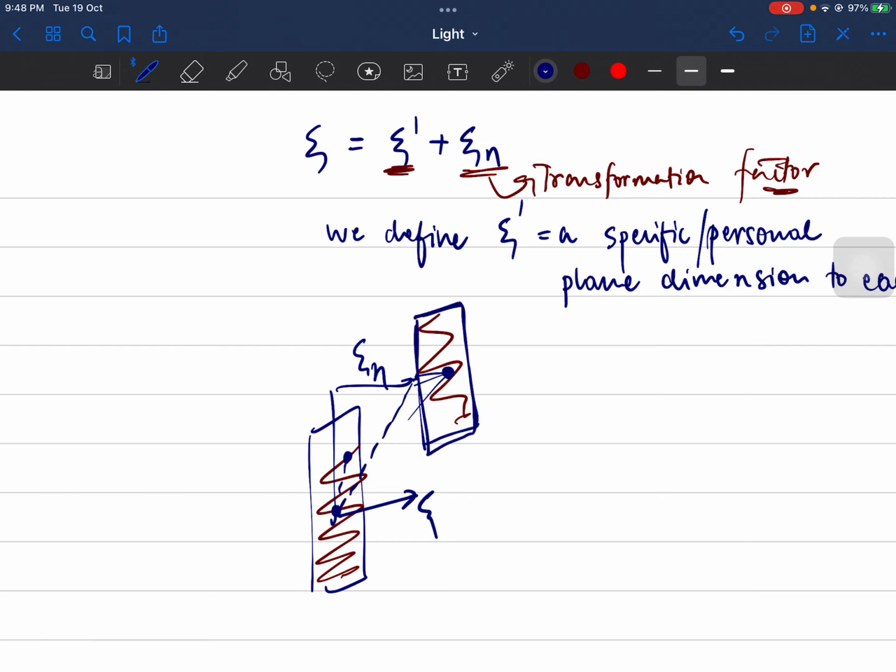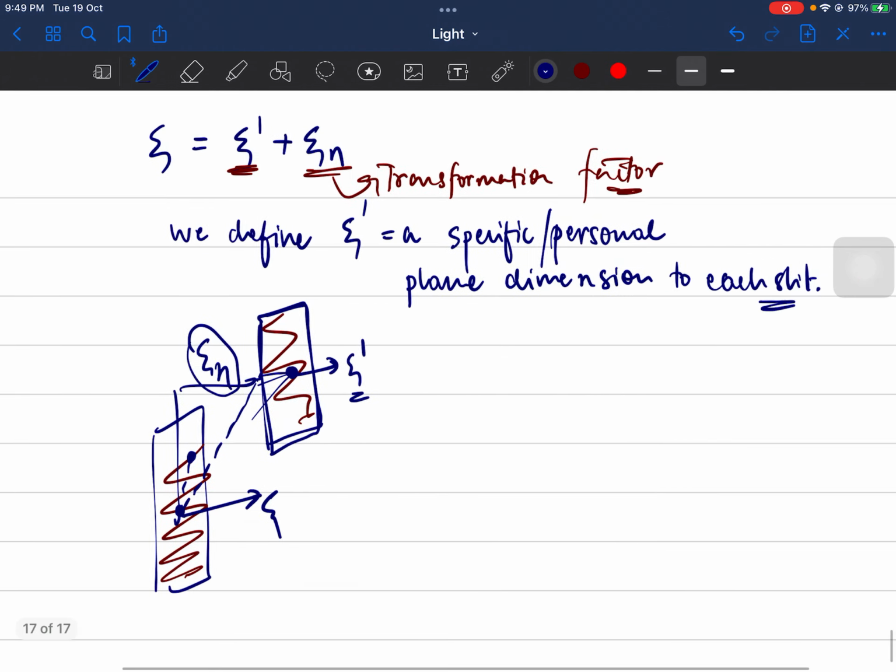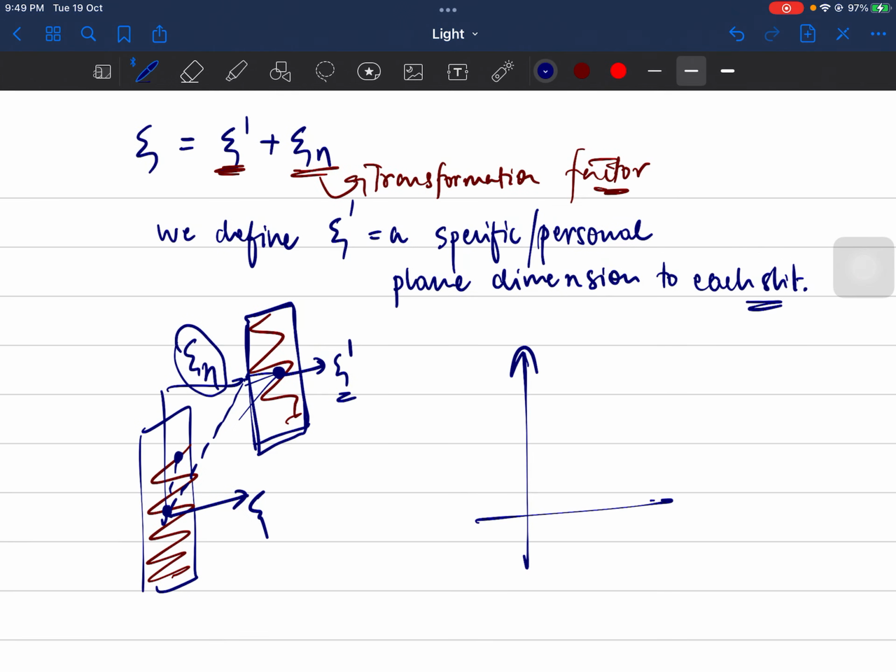And we introduce xi prime. We go xi n and we get this. It's similar to this, right? This is 0, this is 2. If you want to shift to 2, it's like a new coordinate system x prime.